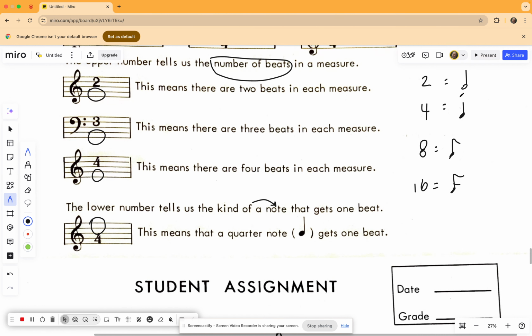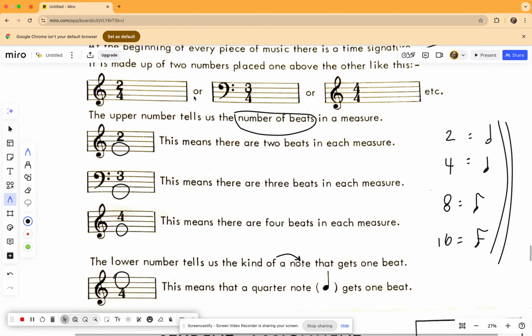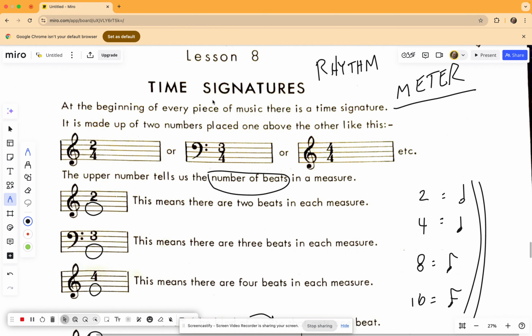So these notes, half note, quarter note, eighth notes, are units of measure which you use to count or keep your place in certain musical instances. And you're using them as part of a time signature.